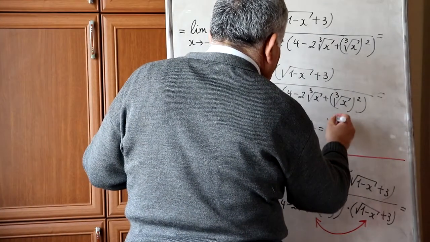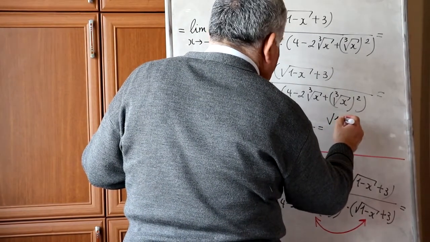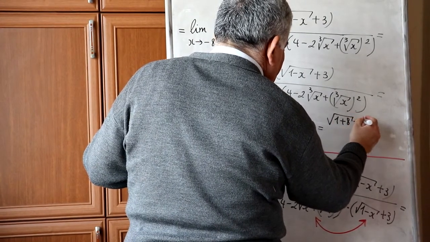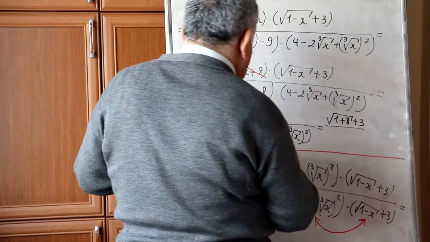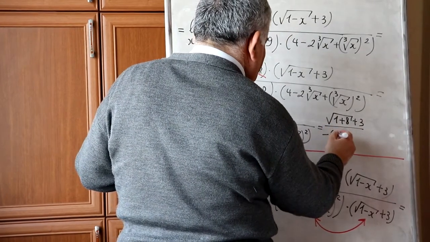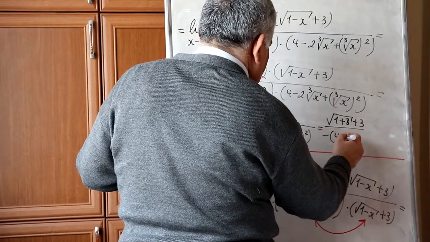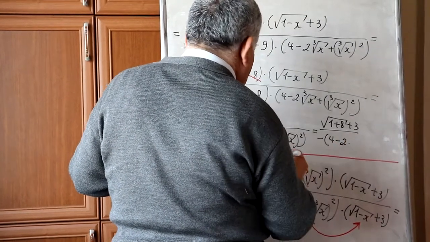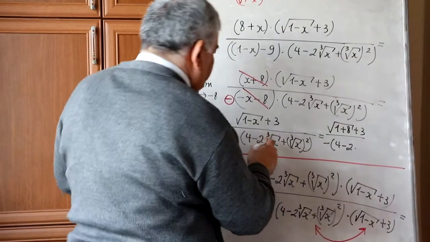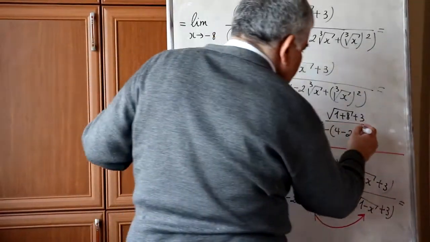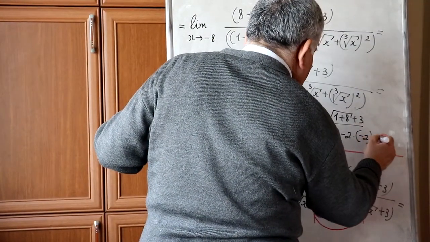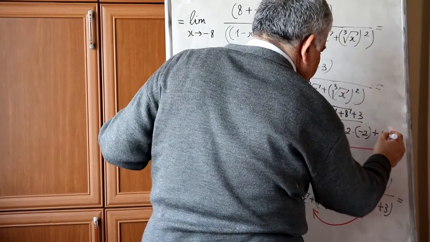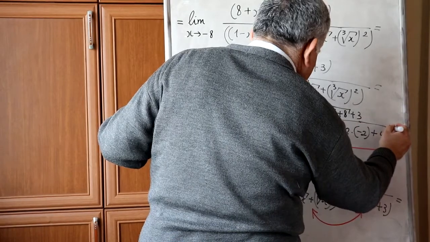Square root of 1 plus 8 plus 3 over minus 4 minus 2 multiplied by cube root of minus 8, which is minus 2, and plus minus 2 squared, which is 4. Continue.